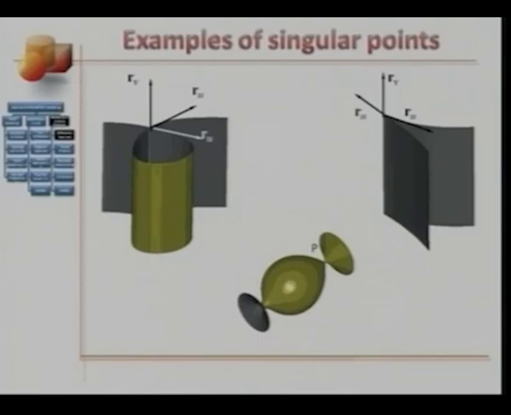All other points on this patch in this figure, on this one in this figure, and here are all regular points, because the three conditions that we had seen before are satisfied.